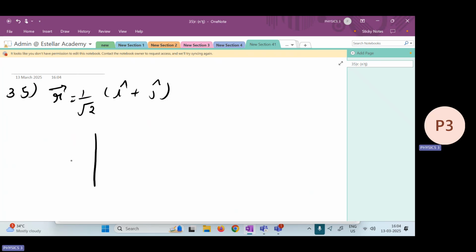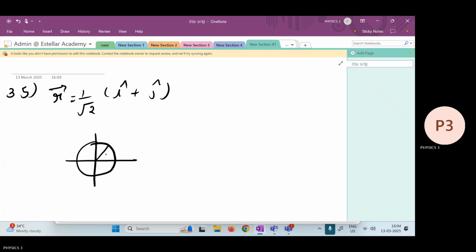So this situation is something like this. The particle is at this position. This angle is 45 degrees and this coordinate would be 1, comma 1. Now the particle is either going in the clockwise direction or the anti-clockwise direction.